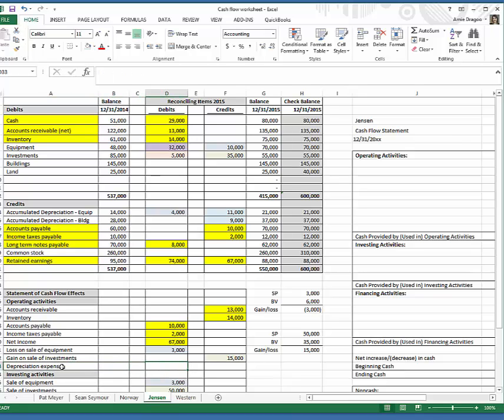So I'm going to use both the 11 and the 9 to get me to 20. Okay, so those balance out, leaving common stock and land, which is our non-cash item.